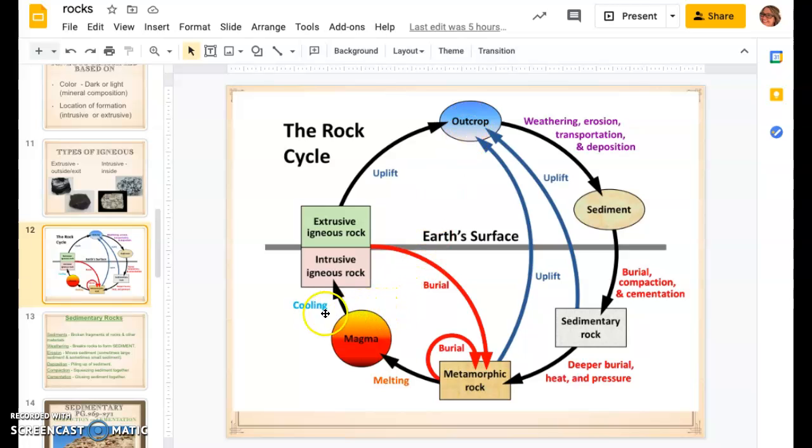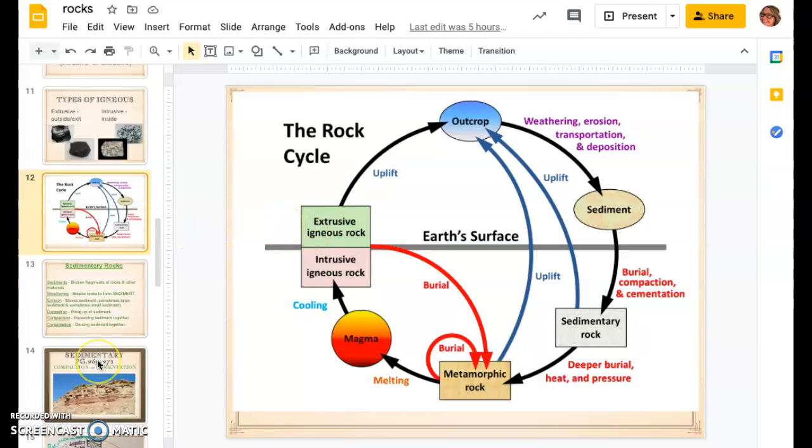I especially liked this for igneous rocks because it shows the magma cooling to form an intrusive igneous rock. It would have been better if it would have shown some lava cooling to form the extrusive igneous rock.